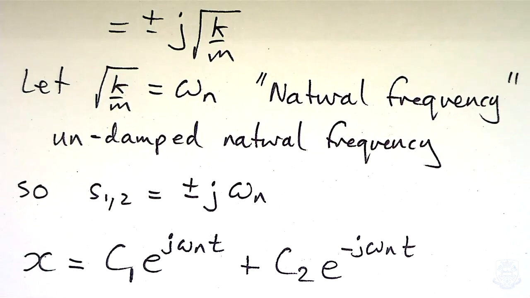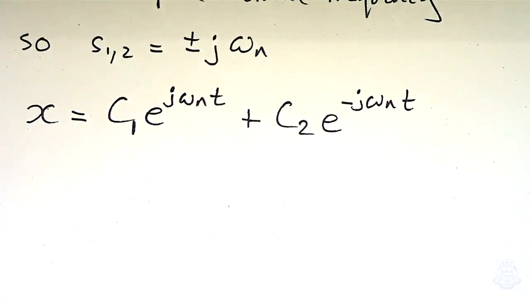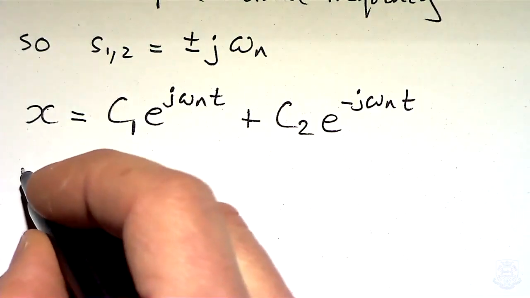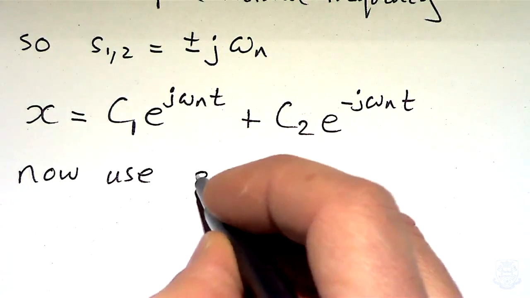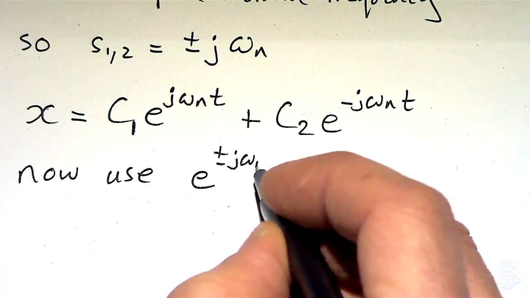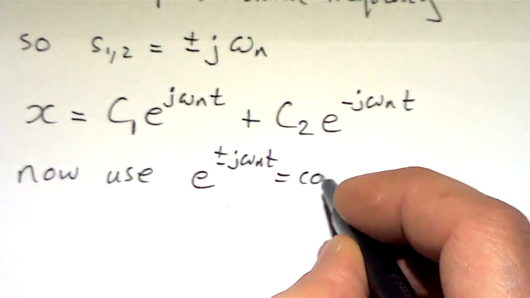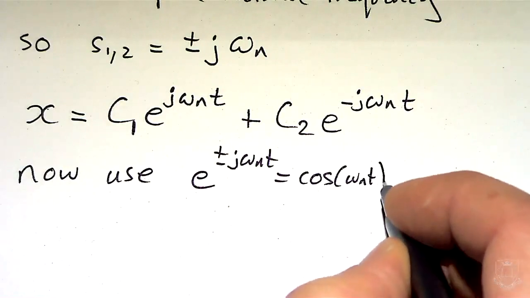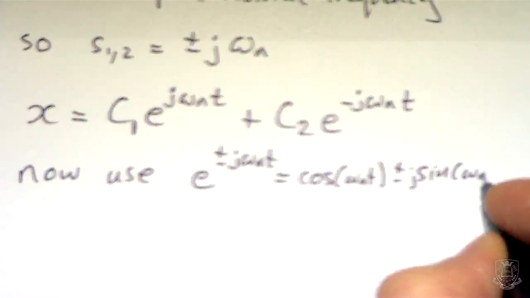So that's what we're going to do. We're now going to use the fact that e to the plus or minus j omega nt is actually equal to cos omega n times t plus or minus j sine omega n times t.